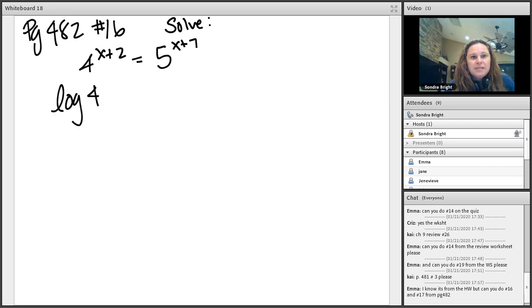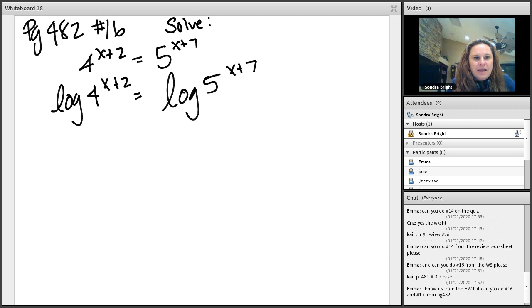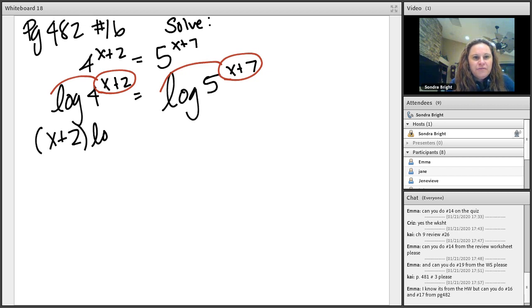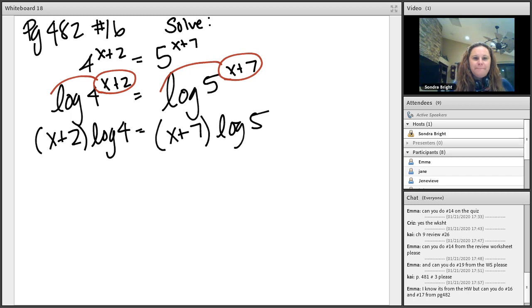Take the log of both sides. And you do that so that you can bring these exponents down. This guy goes whoop. Make sure you put parentheses around it. I've got an x plus 2 times log of 4 is equal to x plus 7 times log of 5.